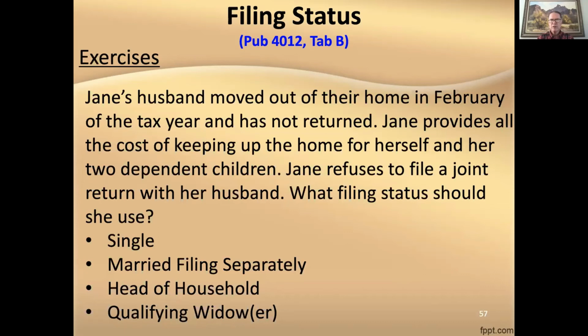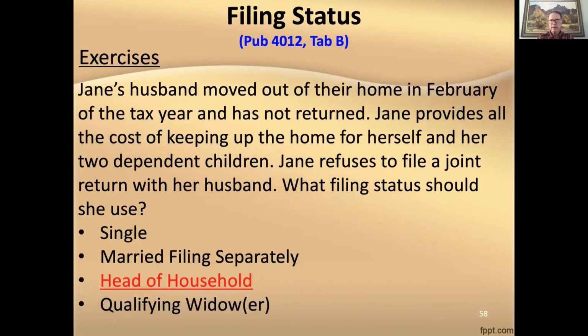It should be married filing jointly. She refuses to file a joint return. Well, can she do that? Yeah, she can. If they have lived apart for the last 6 months in the year, then she may claim head of household.